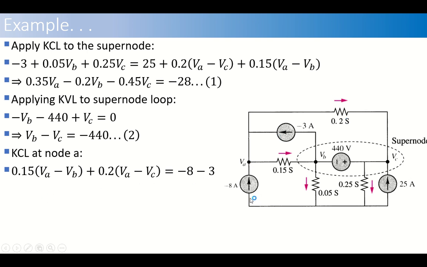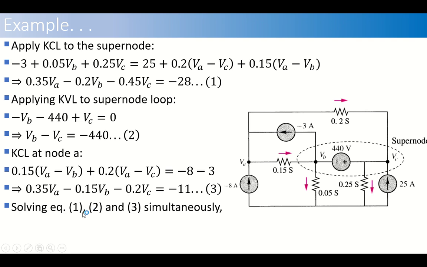That should be equal to the sum of the incoming currents. The incoming current is minus 8 minus 3, so this should be equal to minus 11. After simplifying, we have 0.35 VA minus 0.15 VB minus 0.2 VC is equal to minus 11. So now we have equations 1, 2, and 3.